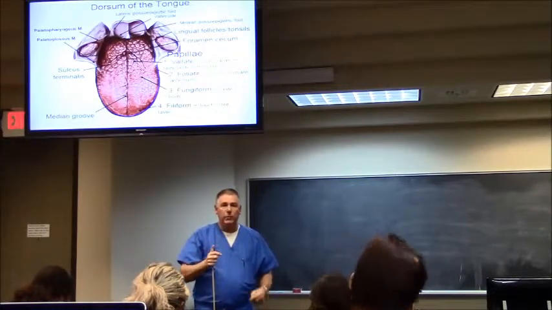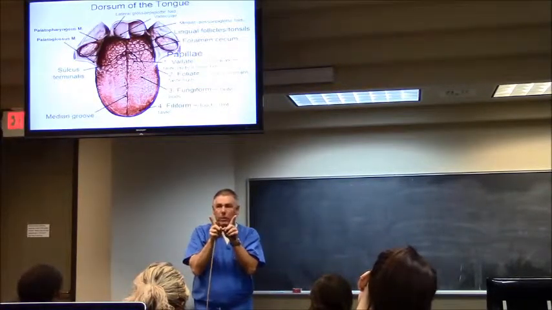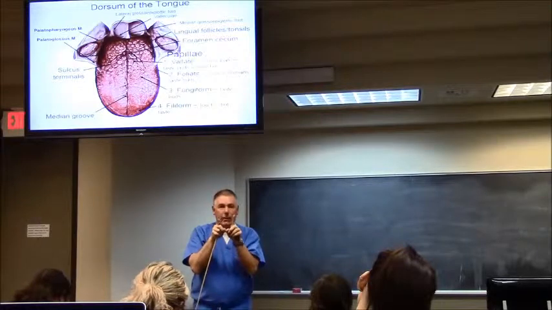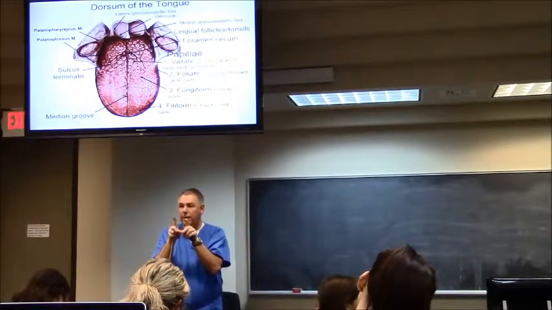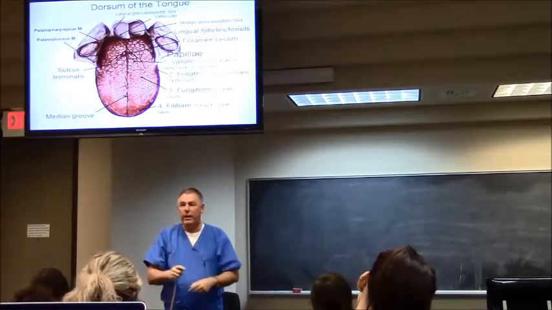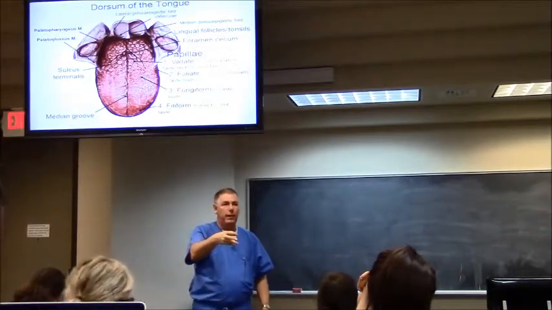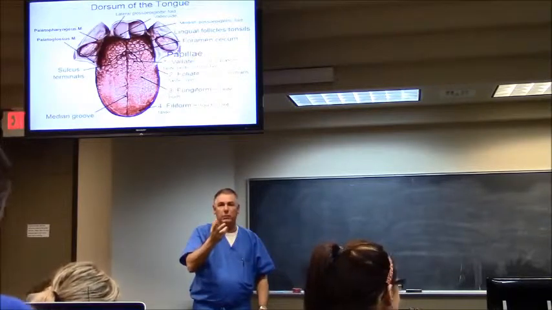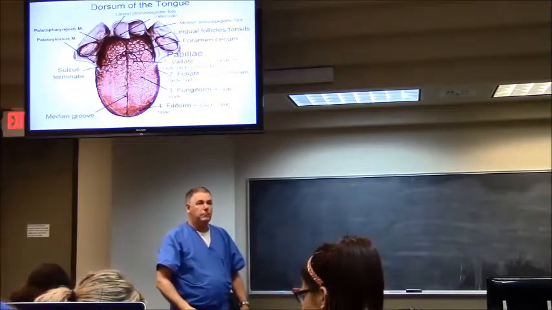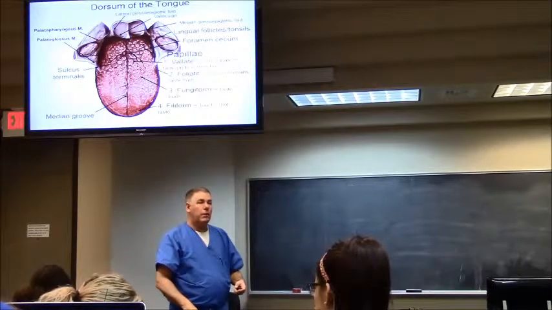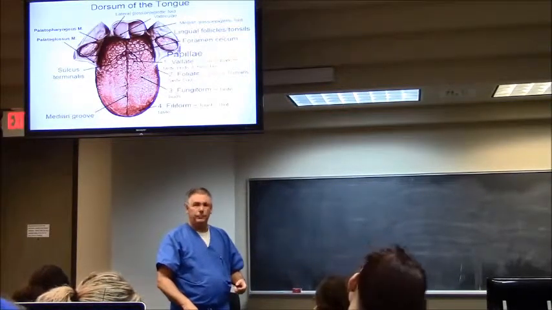And when it heals, now you have a forked tongue that they can move the sides of independently. It is the most freaky thing. Do the YouTube thing on people with split tongues. It is just bizarre. Any questions about that?